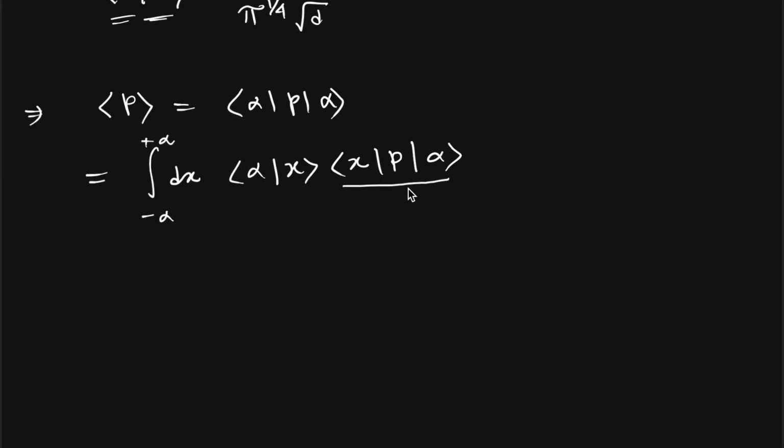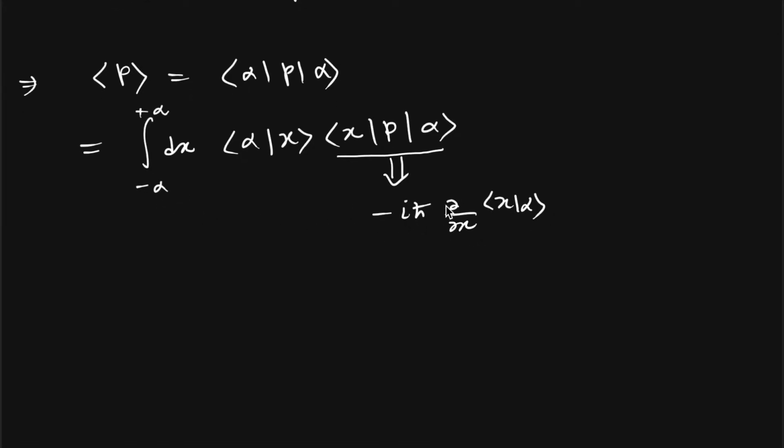And from our previous lecture we know that this is equal to minus i h cut del by del x of <x|alpha>. So let us calculate it first.